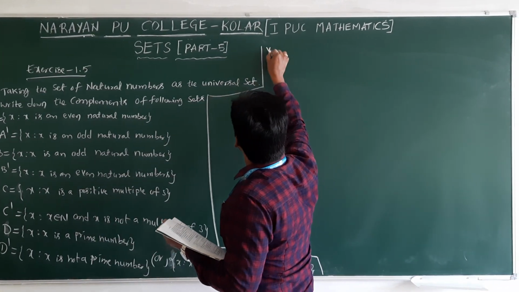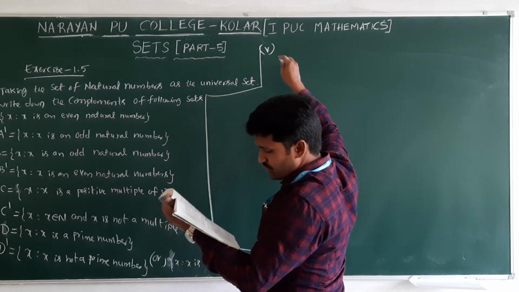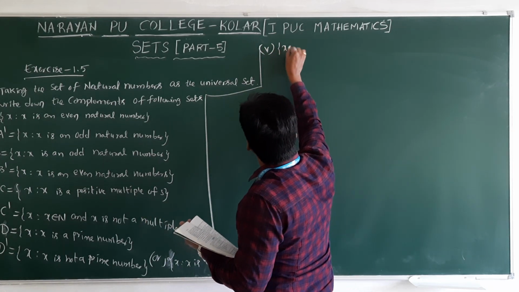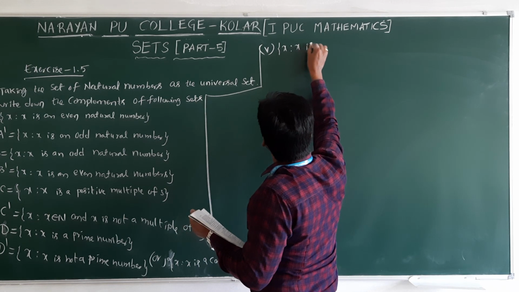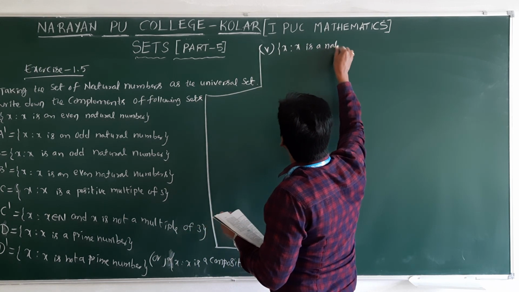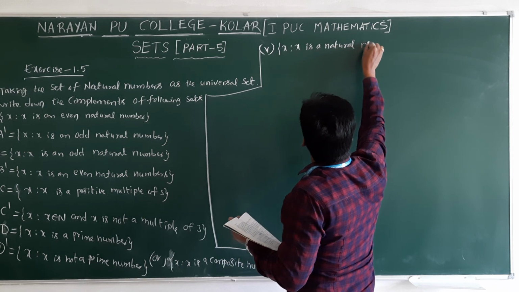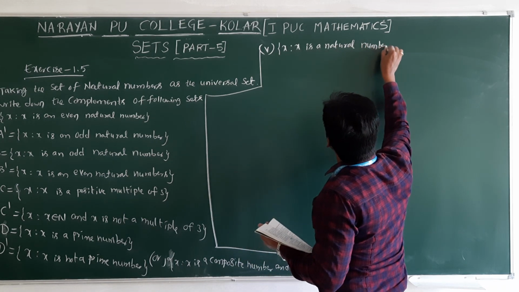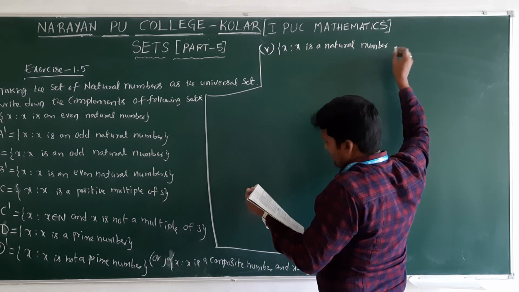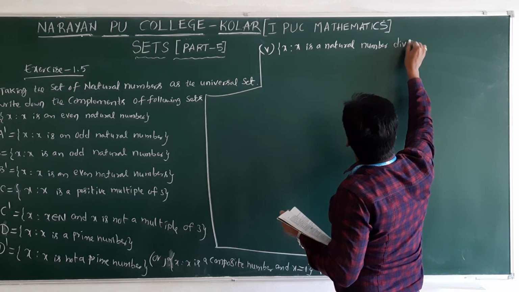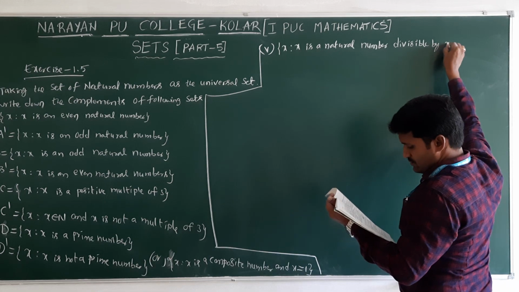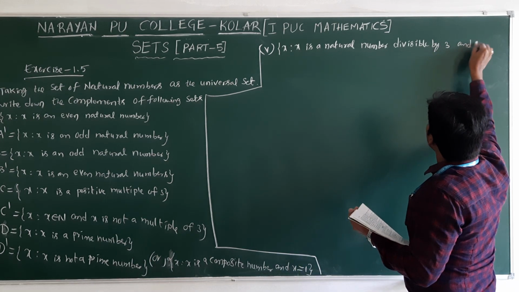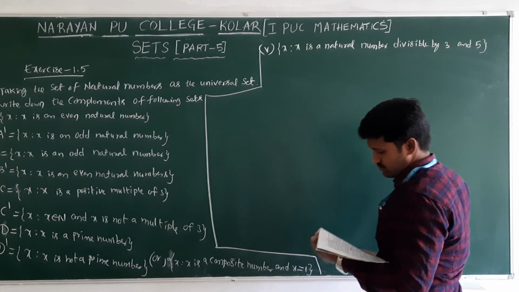Next, fifth question. x such that x is a natural number divisible by 3 and 5.